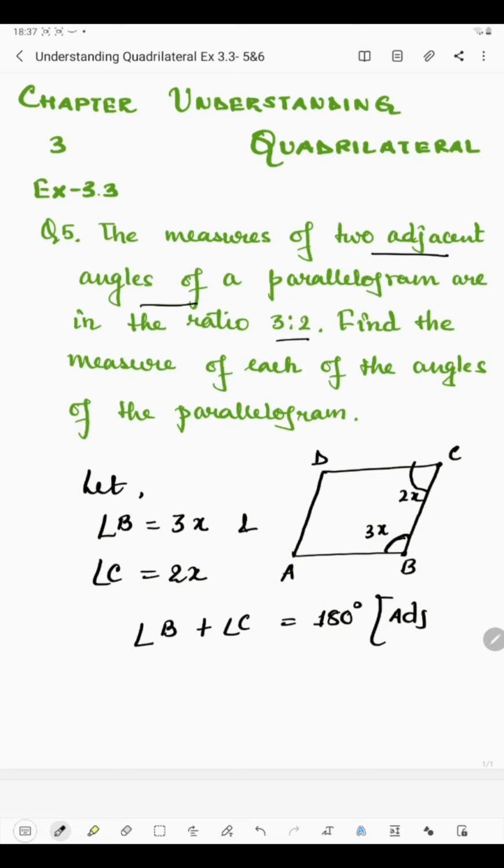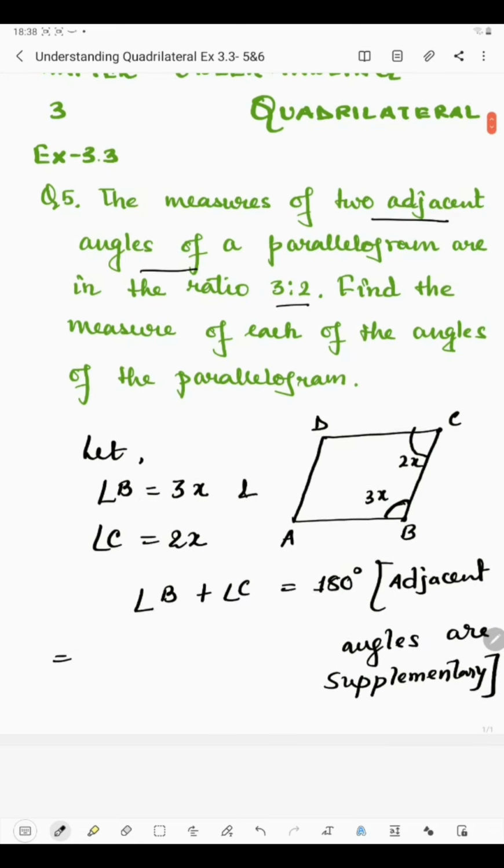Why? Adjacent angles are supplementary. Now, angle B is 3x and angle C is 2x, so the sum is equal to 180 degrees.